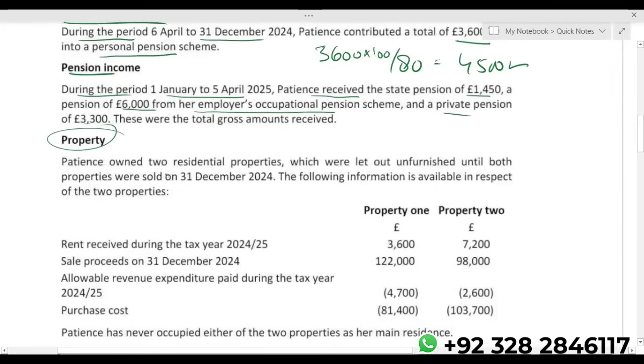Property. The taxpayer owns 2 residential properties which were let out unfurnished until both properties were sold in December 24.